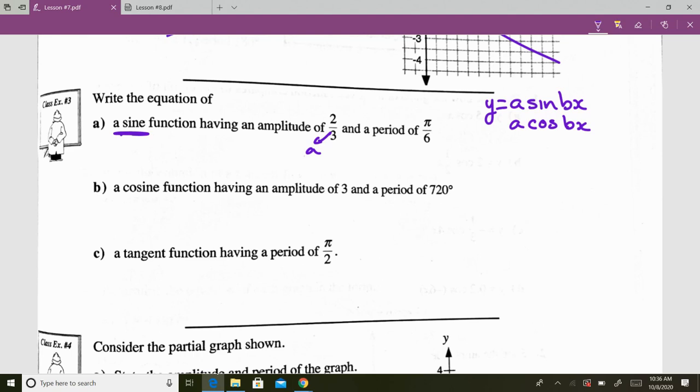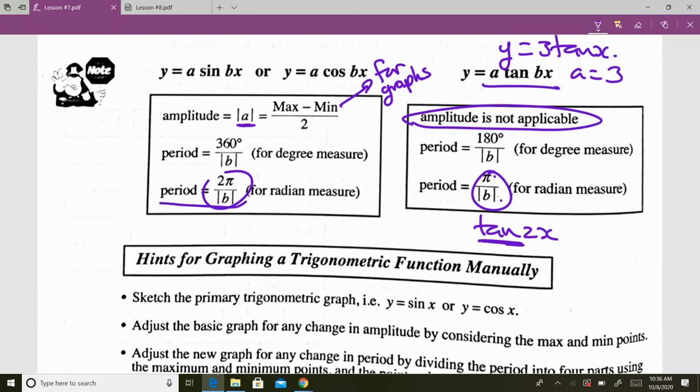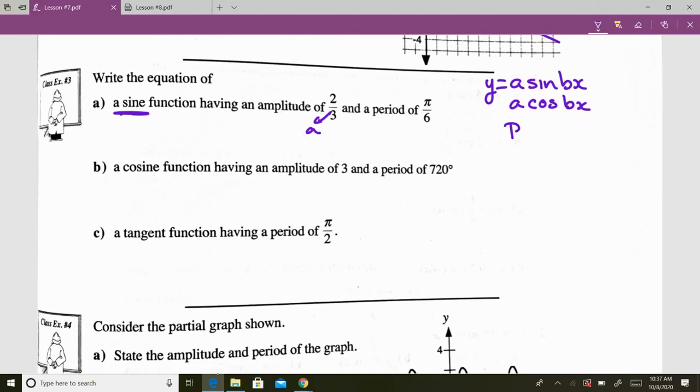Now, remember, period is equal to 2 pi over b, okay? So if I tell you the period, you have to find the b value, okay? So that means pi over 6 has to equal 2 pi over b. So you gotta do a little algebra.